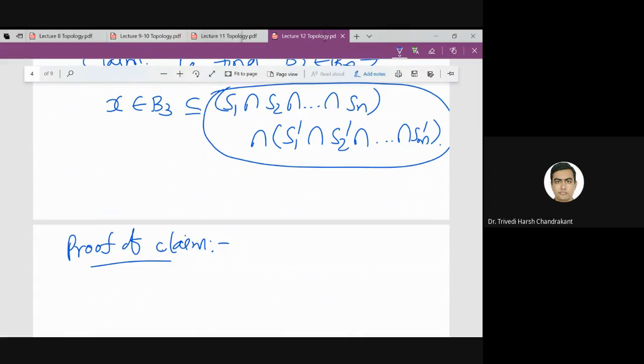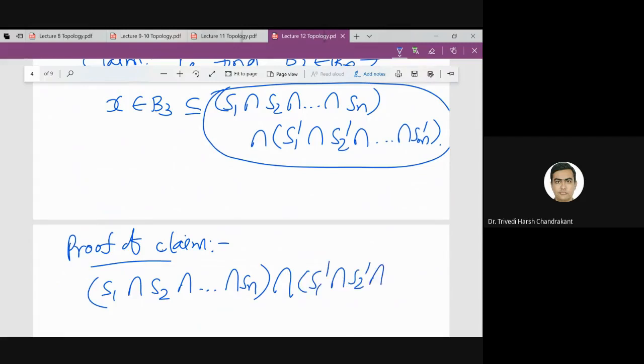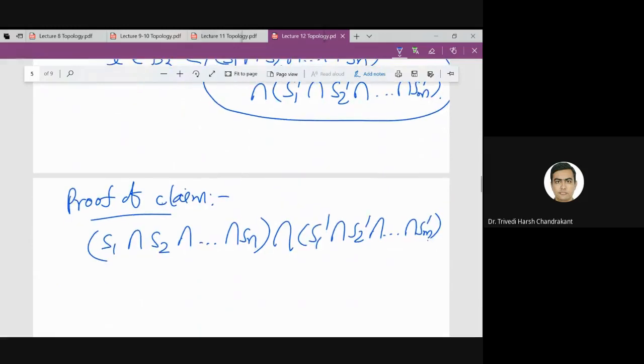I will get S1 intersection S2 intersection Sn intersection S1 dash intersection S2 dash intersection Sm dash. Does this element belong to Bs? Yes, sir. Why? Because it is a finite intersection of elements of S, right? All of S1, S2, Sn, S1 dash, S2 dash, Sm dash belong to S. So as you have said, it is an element of Bs.